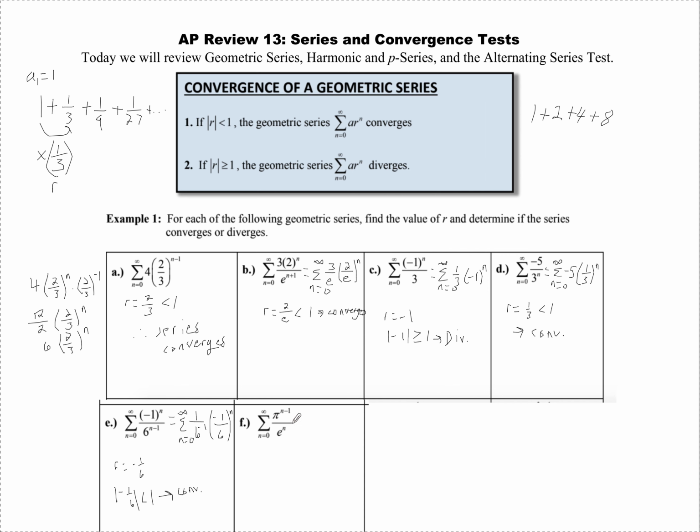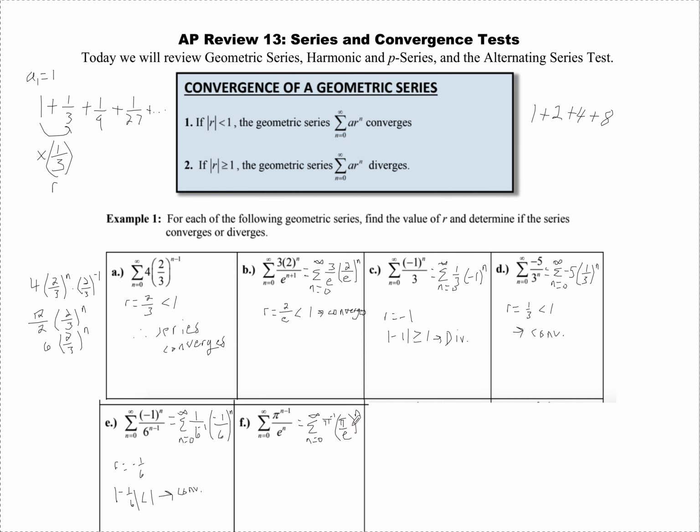Right, what about this guy over here? We got another sort of exponent mismatch. So I can say that this is going to be equal to the sum from 0 to infinity of pi to the n to the -1. I want to pull the pi to the -1 out in front. That'll leave me pi to the n over e to the n. So I can say just pi over e to the n.